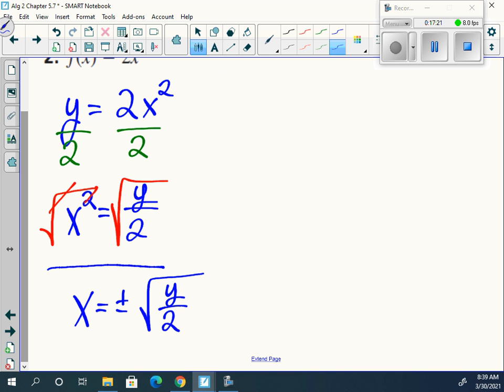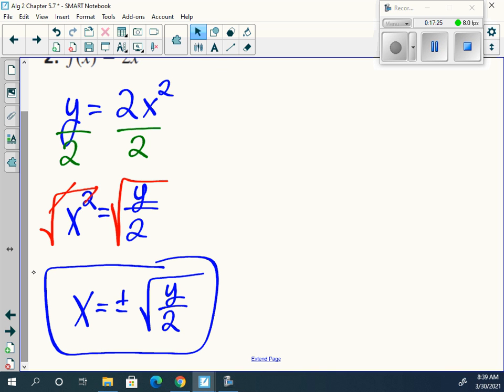But again, whenever we square root both sides, we have to put plus or minus, which is different than squaring or putting both sides to an even power. In the last week when we talked about solving, we put both sides to the second power or the fourth power.